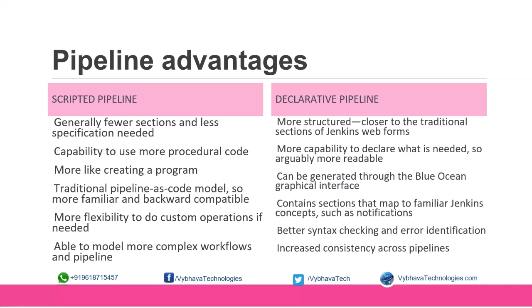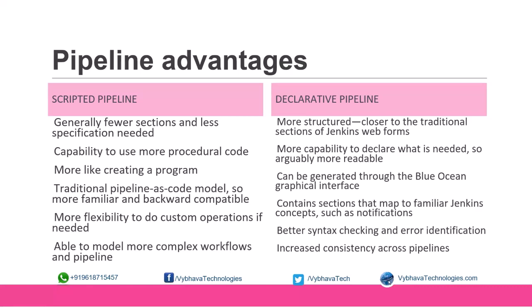When you develop the pipeline, when you are going to use this declarative, then it is going to be for smaller or very starting-time work, or freshers can start working with the declarative pipelines. So it is going to work with the simple logics, simple steps. It is going to increase the consistency across the pipelines.